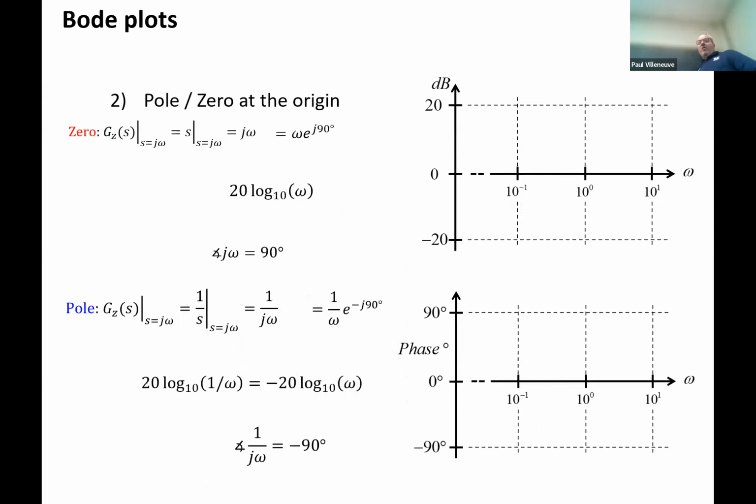All right, so now let's go ahead and add a pole at the origin. What is a pole at the origin equal to? One over S. Isn't that an integrator? So what do you think that's going to do to the gain?